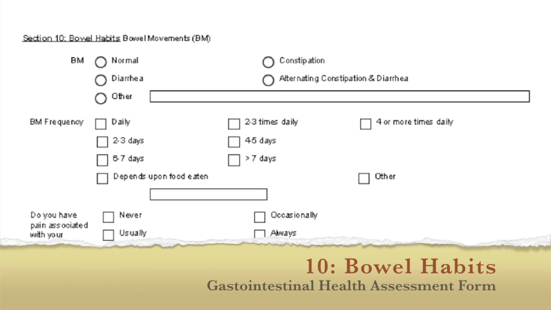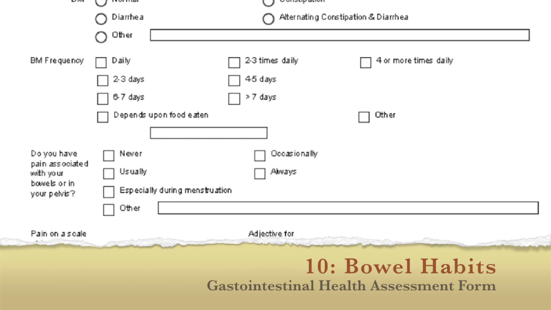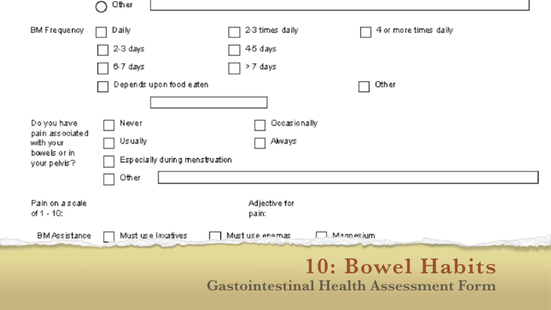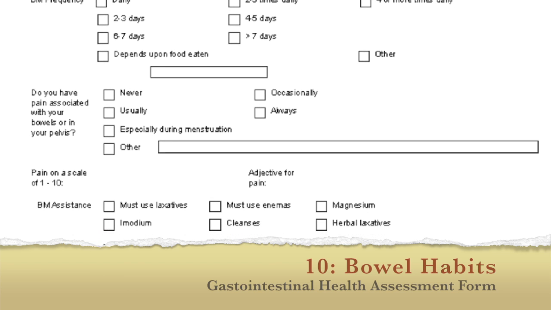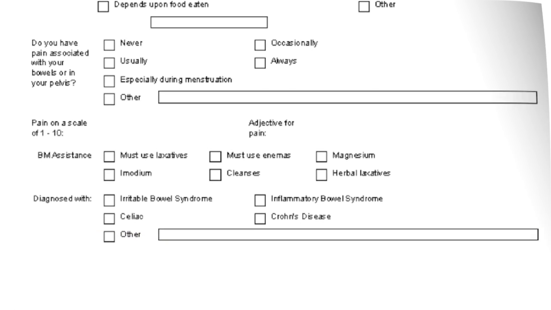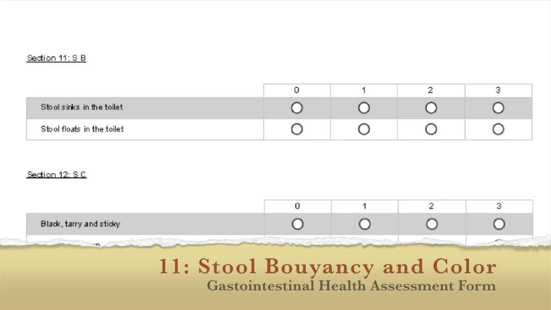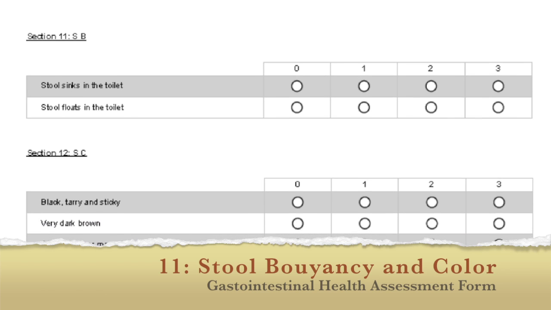Sections 10, 11, 12, and 13. Bowel habits can vary from person to person. This includes how often they have a bowel movement, their control over when they have a bowel movement, and the bowel movement's consistency and color. Does it float or does it sink?